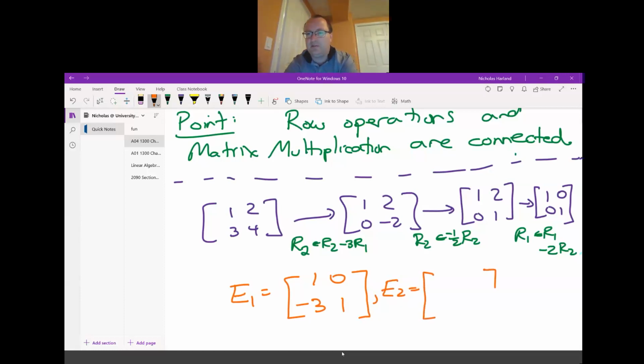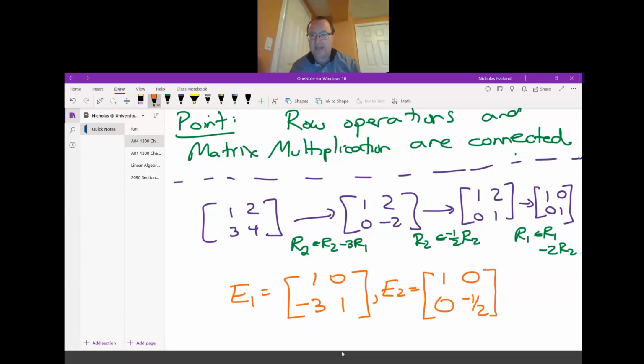What about E2? Here's where you have to be a little bit careful. So what do we get for E2? So it's 1, 0, 0, negative a half. And this is the question that tends to come up.